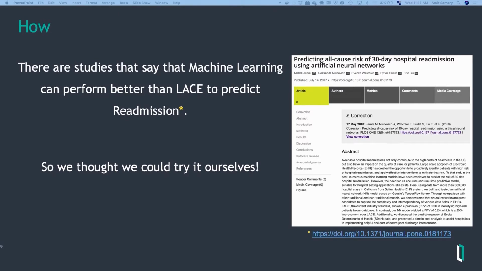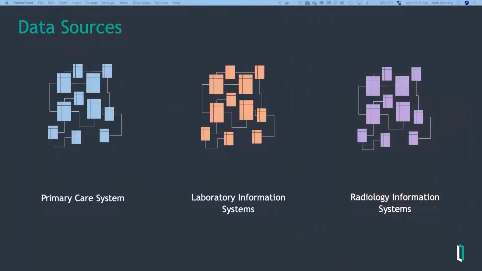But first, let's talk about this pipeline, how this starts, before going back to readmission. Machine learning starts with data. Okay, so many data sources. We have information from primary care about, for instance, in the subject of readmissions, if you're a smoker, if you're an alcoholic, if you have some social factors, your family history, that will have a weight on the score.